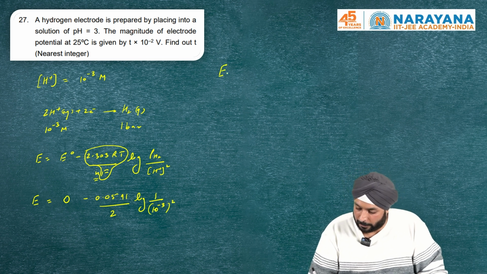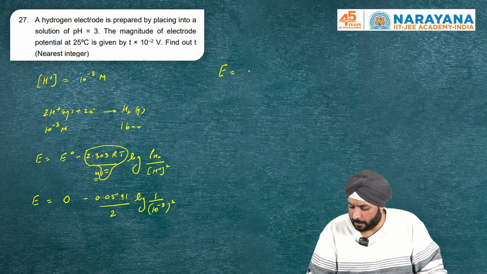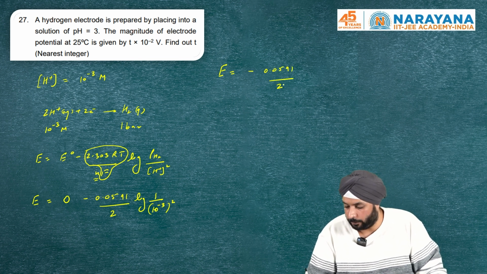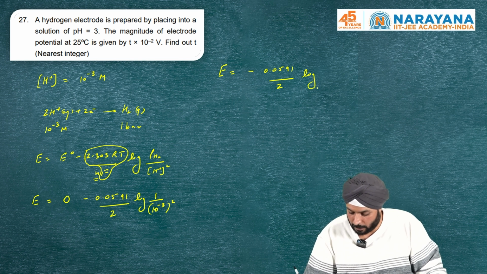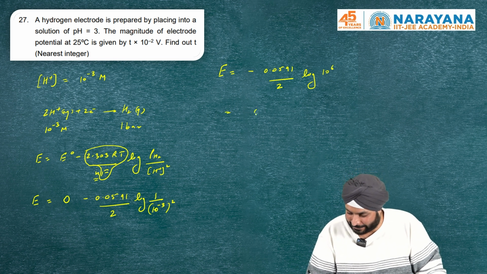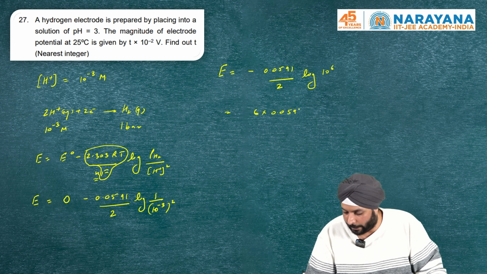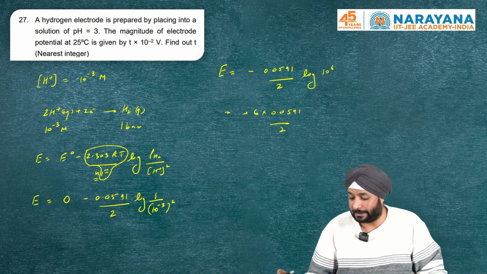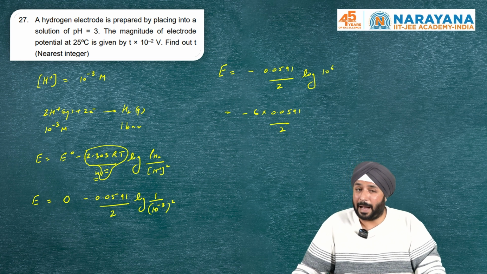So the E value comes out to be minus 0.0591 by 2 log of 10 to the power 6. It comes out to be 6 into 0.0591 by 2. It is asking you the magnitude only.